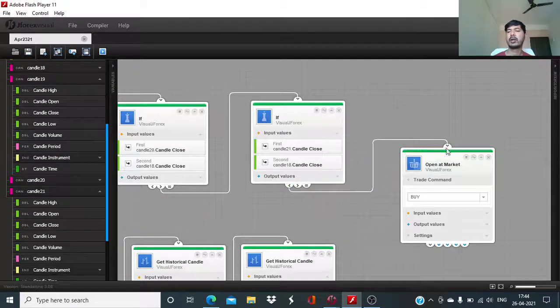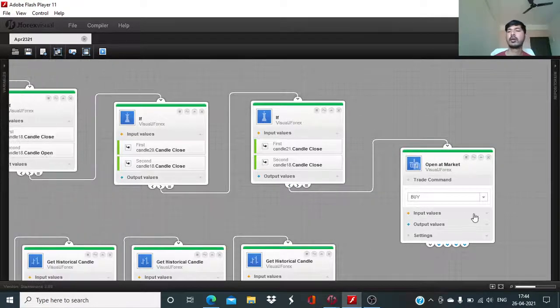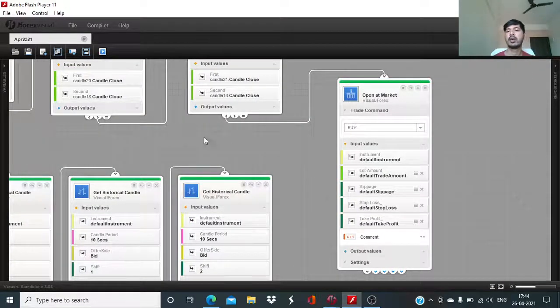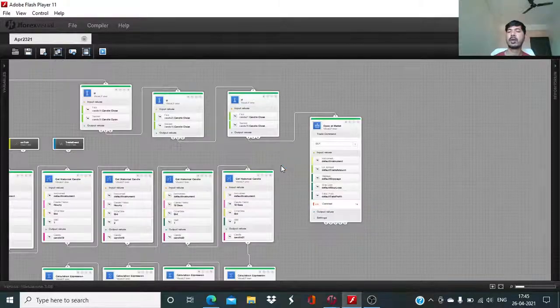First input less than second input, and after these conditions have been defined, we will also have to pay attention to these input variables for these open at market block, and depending on these input we will have the outcome of the trade.